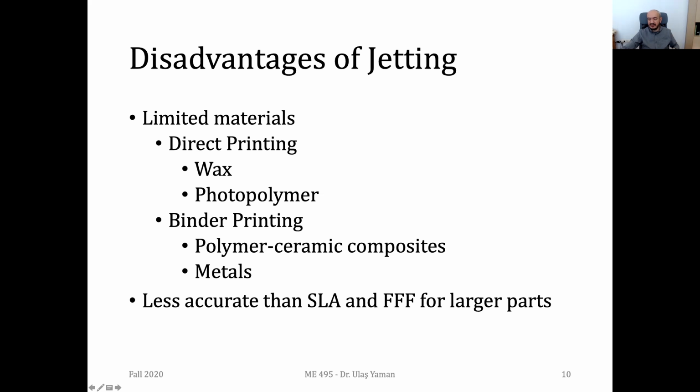If the table is very small, it can pass with a single movement. That's why it affects the accuracy, and you need to control it properly. Many things will be on your table, and you need to control all of these at the same time, and they will decrease the accuracy of jetting, especially for the larger parts.